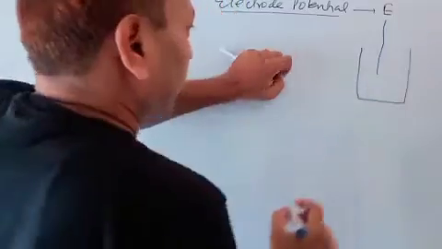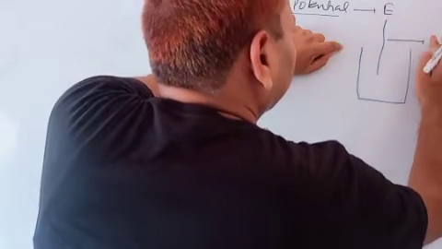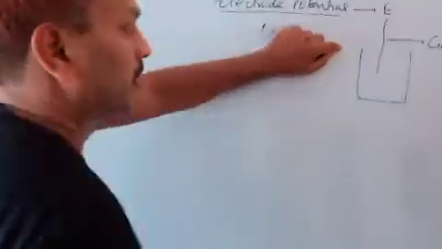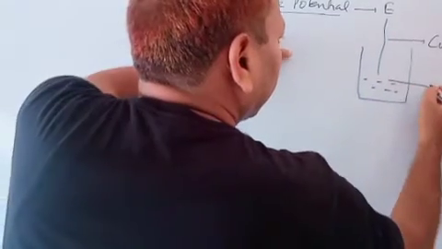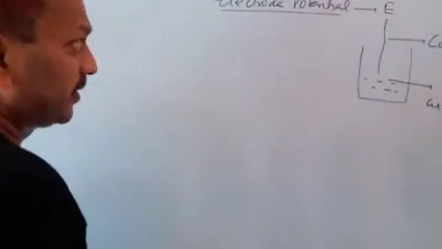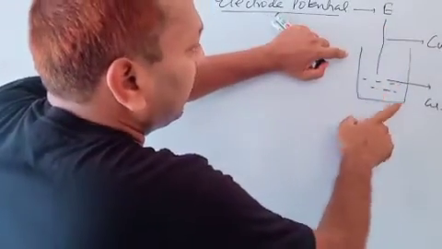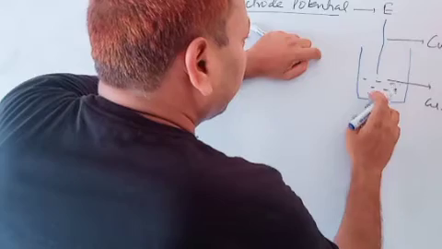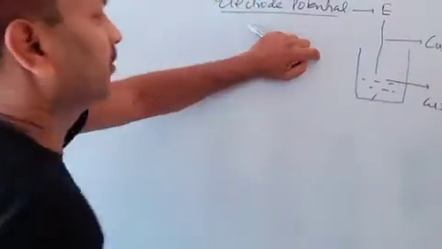When a copper electrode, a metal rod, is immersed or dipped in copper sulfate solution, there are three possibilities.